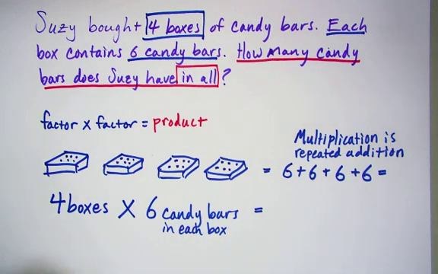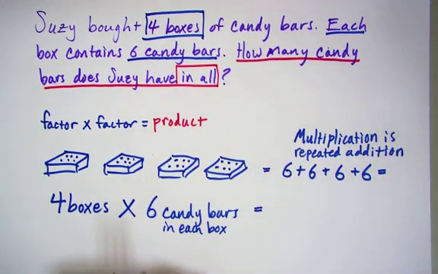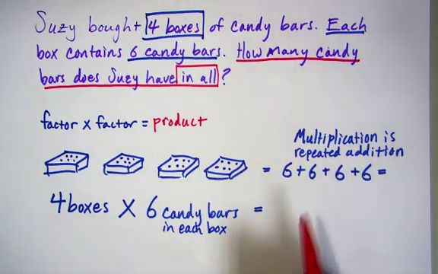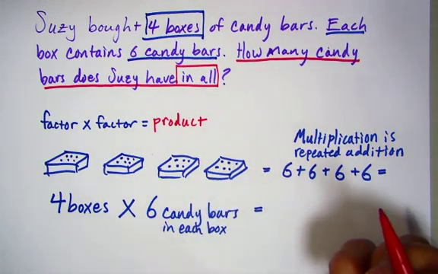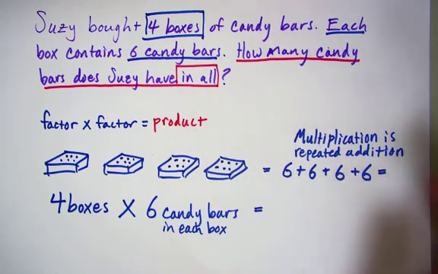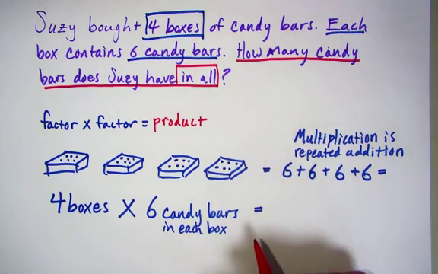And now, if you're really good with your doubles, we can find out the answer to this problem. And Susie will know how many candy bars she has without adding 1 by 1 by 1 by 1. We don't want to count 1 by 1 anymore. We're in 3rd grade now, and we can make it easier on ourselves.